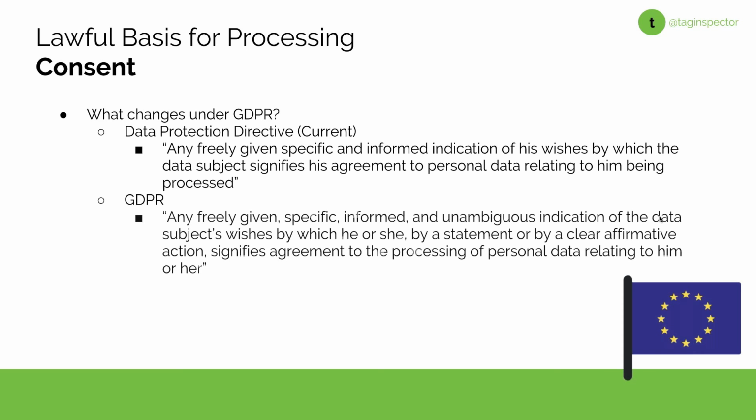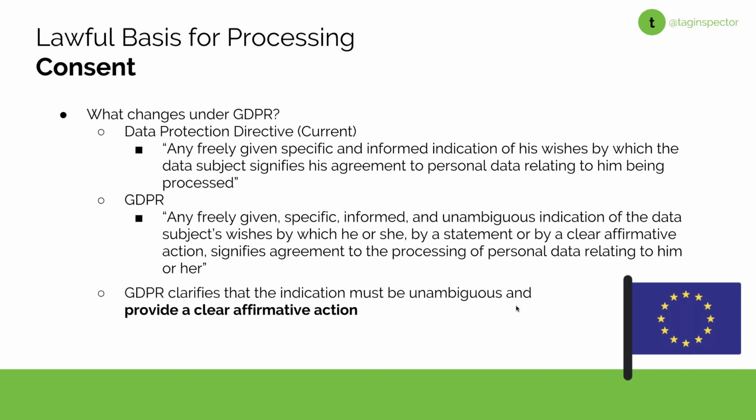GDPR takes that a little bit further and states any freely given, specific, informed, and unambiguous indication of the data subject's wishes by which he or she, by a statement or by a clear affirmative action, signifies agreement to the processing of personal data relating to him or her. The huge difference here is that GDPR clarifies that the indication must be unambiguous and provide a clear affirmative action.